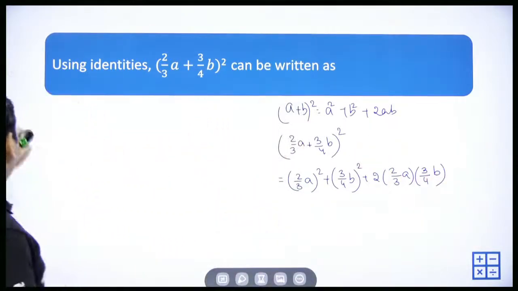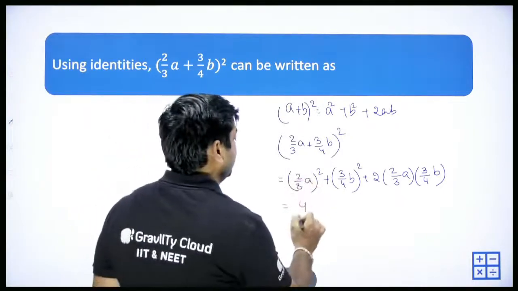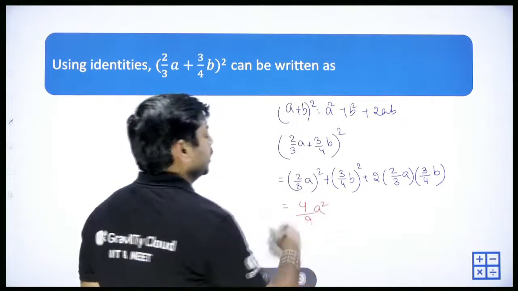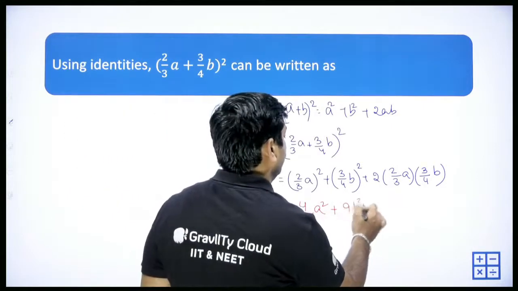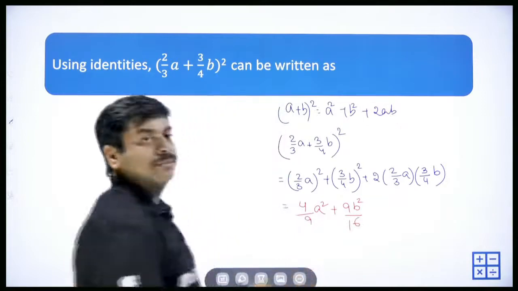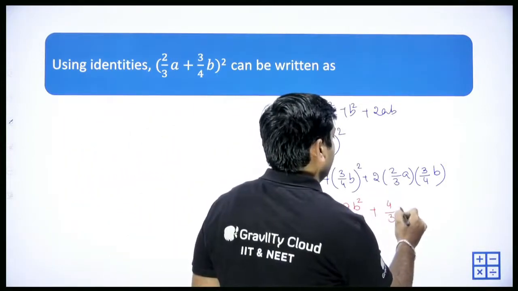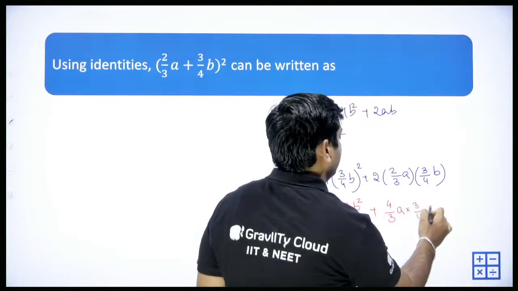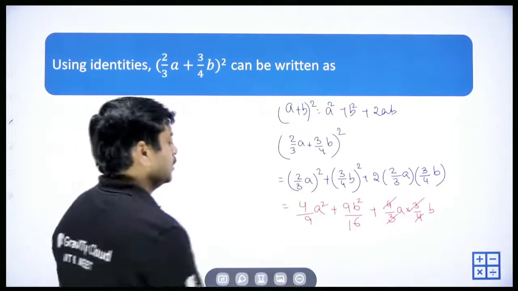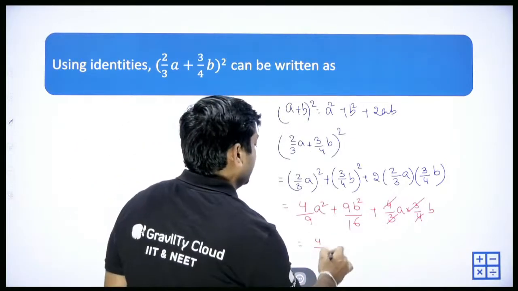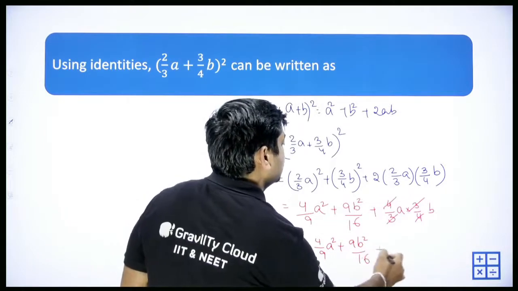So 2 square is 4, 3 square is 9, 4 by 9 into a square, plus 3 square is 9, b square by 4 square is 16, 9b square by 16, plus 2 twos are 4 by 3 times of a into 3 by 4 times of b. 4 and 4 get cancelled, 3 and 3 get cancelled, right? So that will give you 4 by 9 times of a square plus 9b square by 16 plus ab.